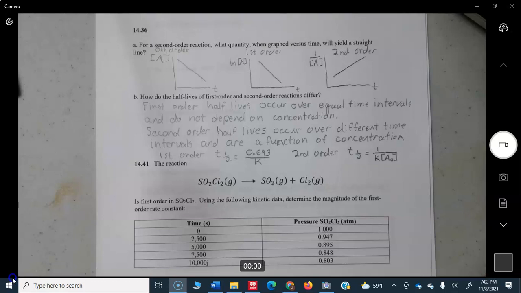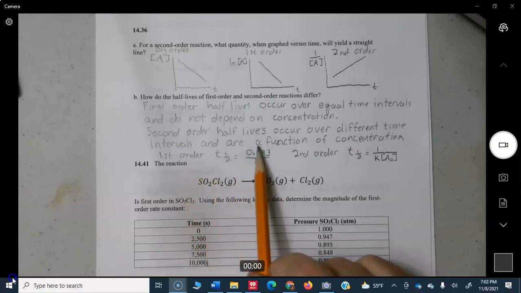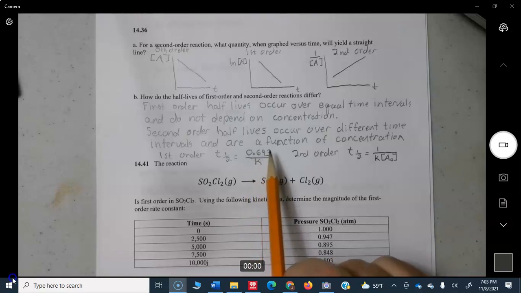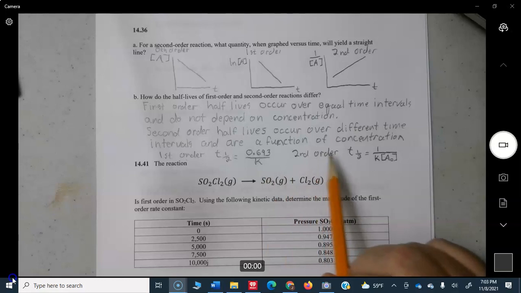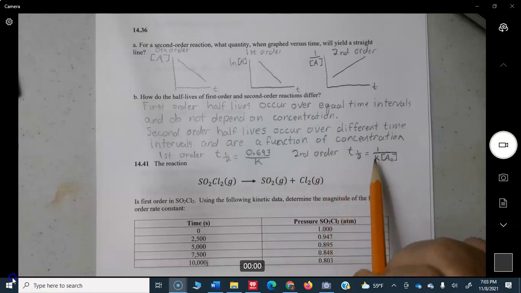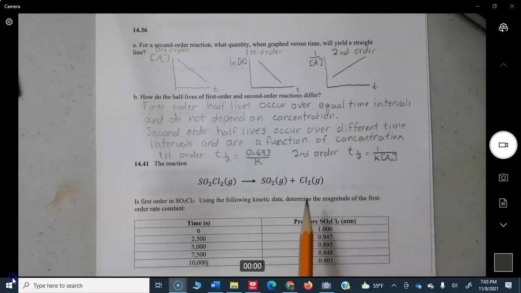Second order half-lives occur over different time intervals and are a function of concentration. Notice that in the half-life for first order, nowhere is the concentration of the reactant listed. It's simply this fixed number, 0.693, you don't have to understand why it is that number, over the rate constant, which is constant. So it's going to be a constant time interval. Second order, the half-life is 1 over the rate constant times the initial concentration. So that makes a difference.